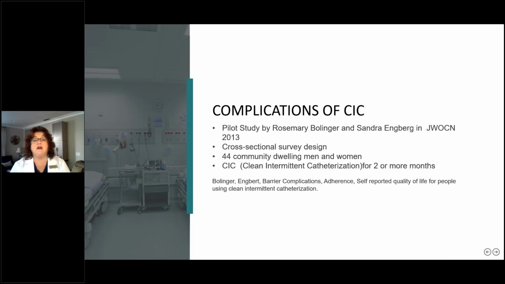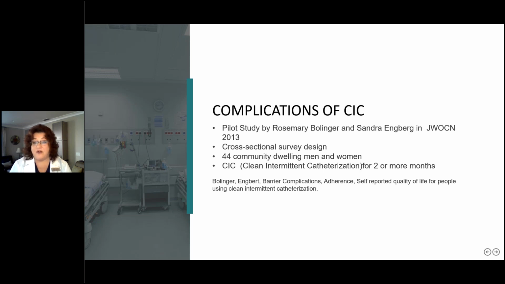There's a pilot study done by Rosemary Bollinger and Sandra Ingberg, published in the Journal of Wound Ostomy Continence Nursing in 2013. They used a cross-sectional survey design of 44 community-dwelling men and women who used CIC for 2 or more months.